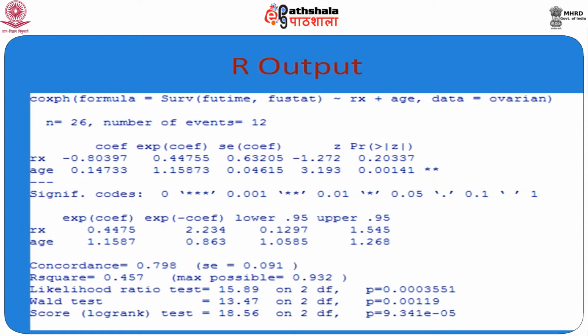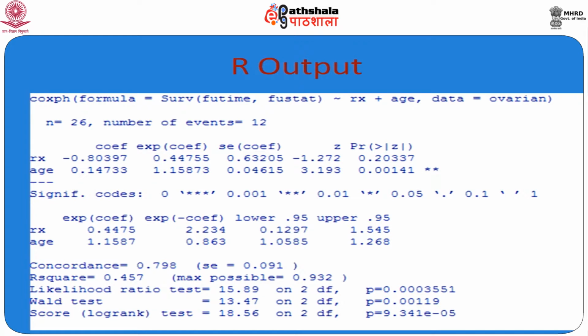Correspondingly, if we go to the last columns of this result, the one before the last column is given by the Z statistic, the Z test value. We will see the p value in the last column, that is 0.20337 for Rx and 0.00141 for age. So the p value says that age has a significant influence on the status of these patients.